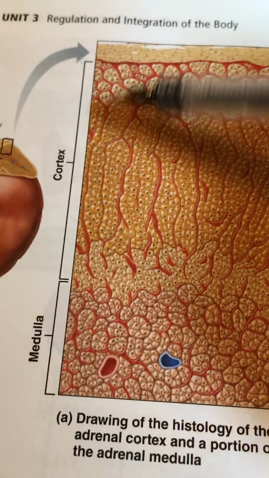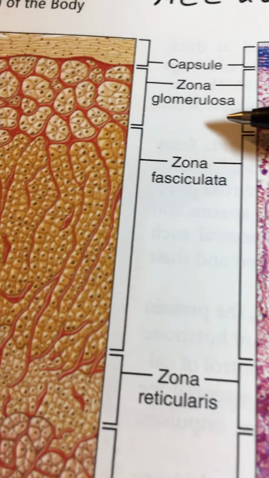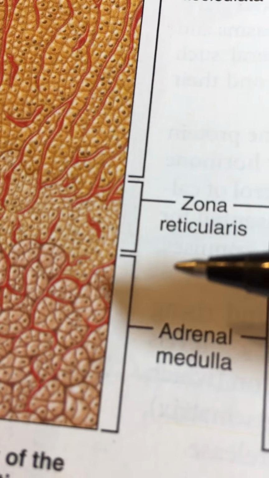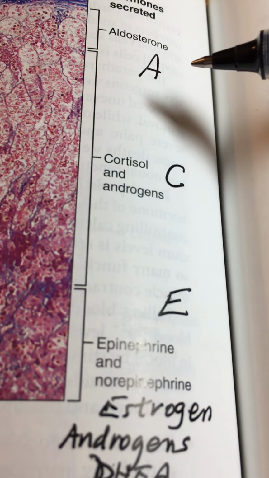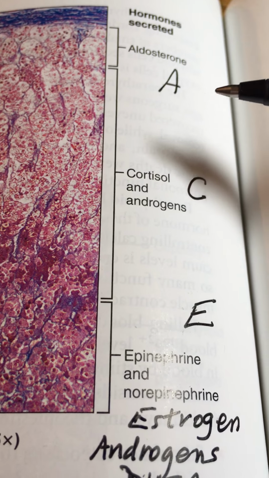We have medulla in here, cortex out here. The cortex has 3 portions. Zona glomerulosa on the outside, zona fasciculata in the middle here, and then closest to the medulla, but still in the cortex, is the zona reticularis. And we also have 3 populations of hormone-producing cells.